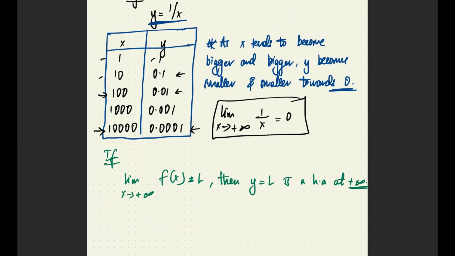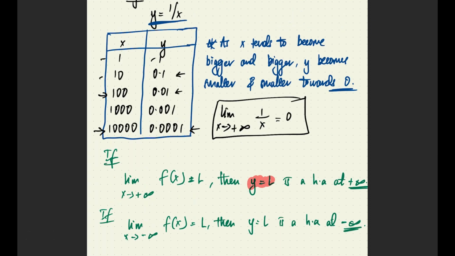This is very important to remember and keep in mind. The same thing can be said for negative infinity. If your limit as x approaches minus infinity of the function is equal to any number L, then y equals L is a horizontal asymptote at negative infinity. This is very important to keep in mind.